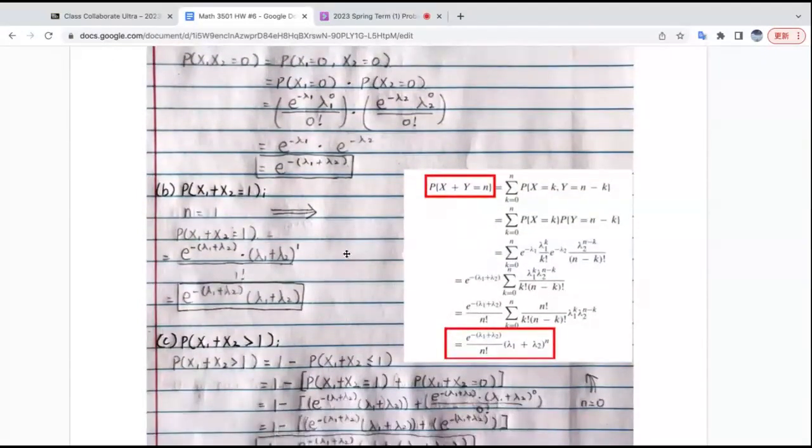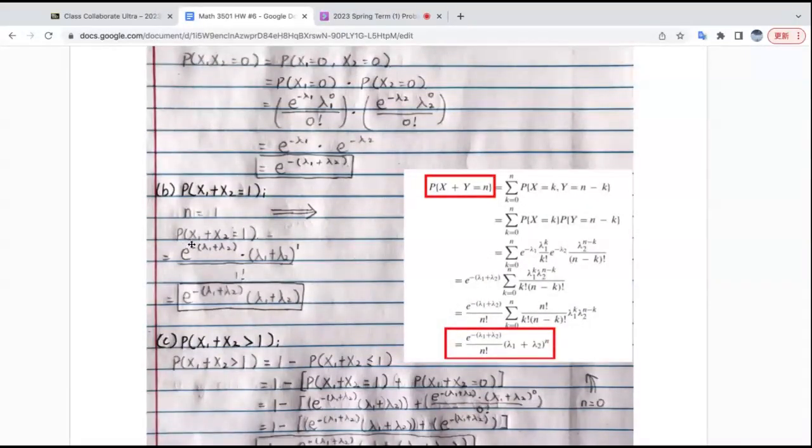And B, the probability of X1 plus X2 equal to 1, for which I use the formula in the textbook: the probability of X plus Y equal to n is equal to this. I plug in n equal to 1.